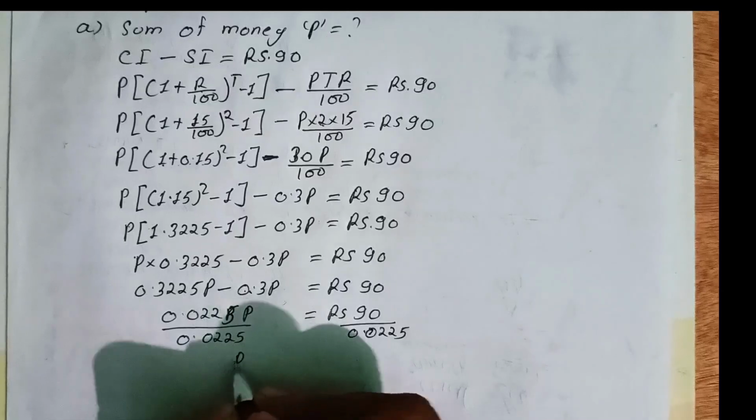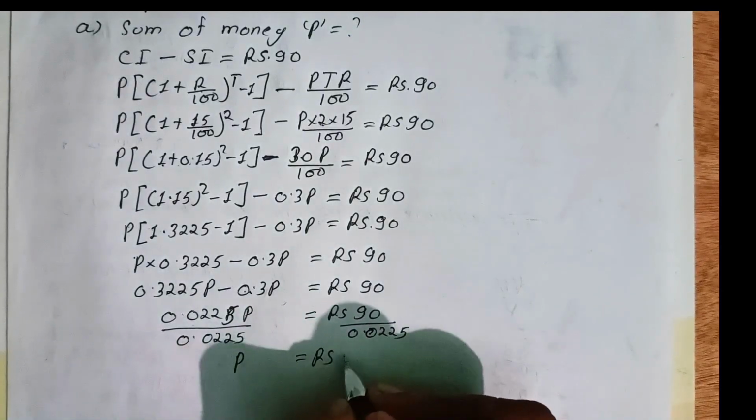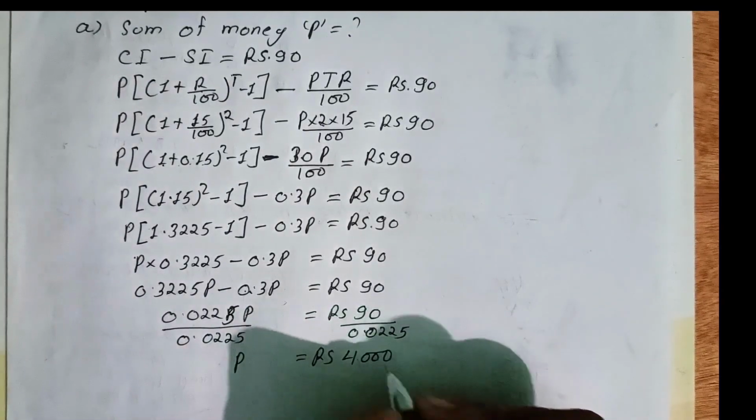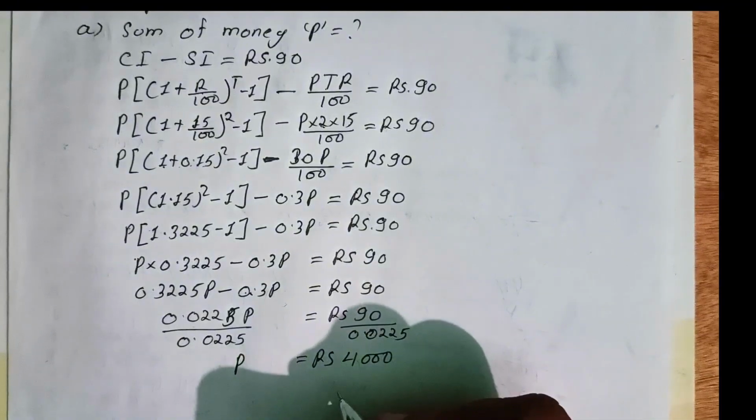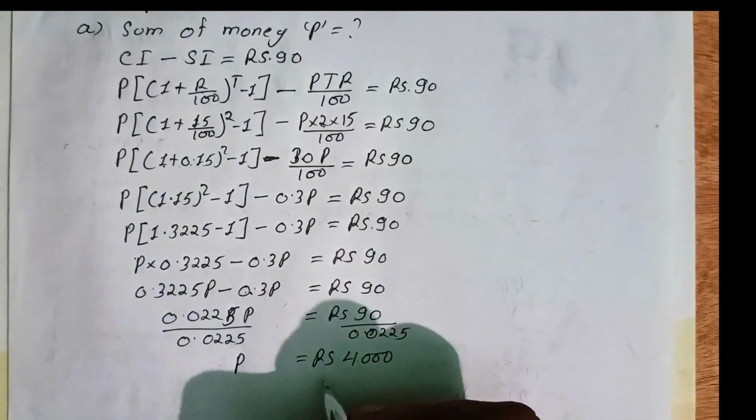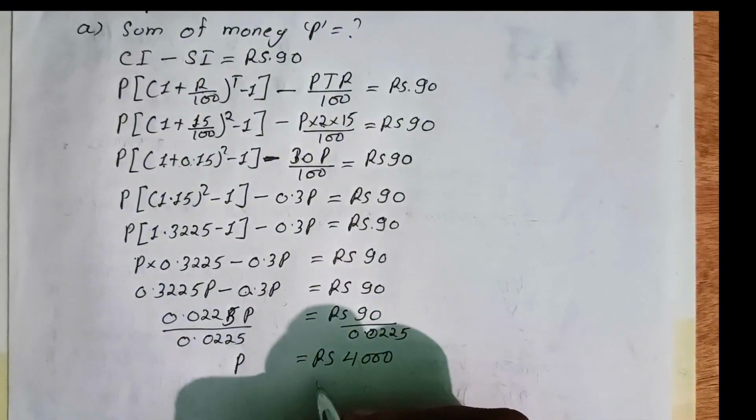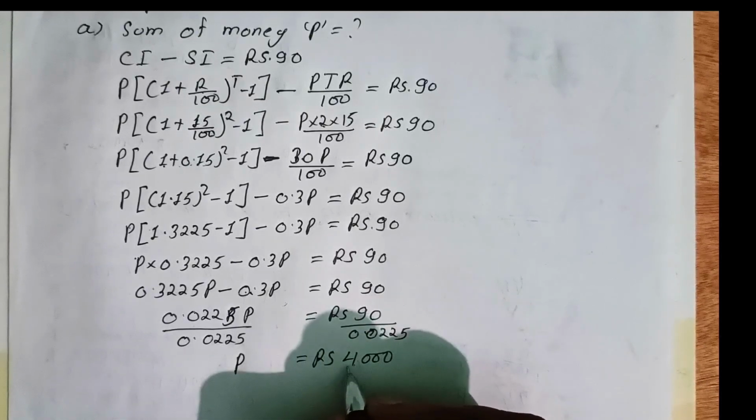So here P comes to be Rs 4000. So the sum of money for which the difference of compound interest and simple interest is 90 is Rs 4000.